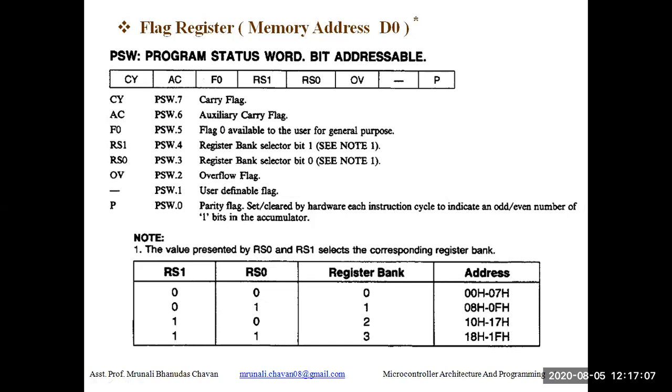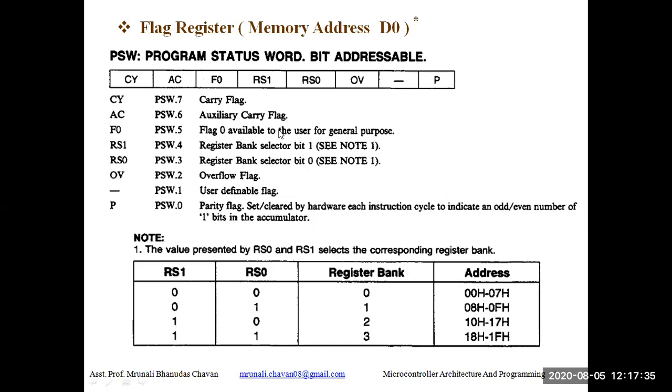Means if in 8-bit addition or subtraction there is a carry generated from D3 to D4 or a borrow generated from D3 to D4, then this auxiliary carry flag will be set to 1, otherwise it will be clear to 0. Next one is F0, that is bit number PSW.5, flag 0.